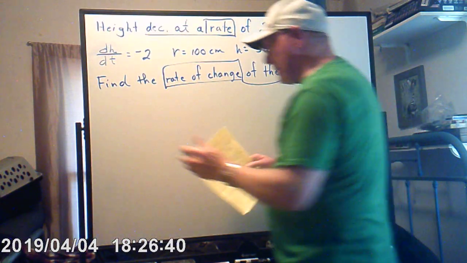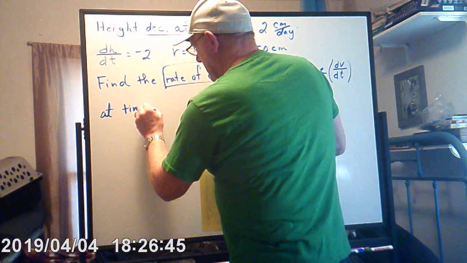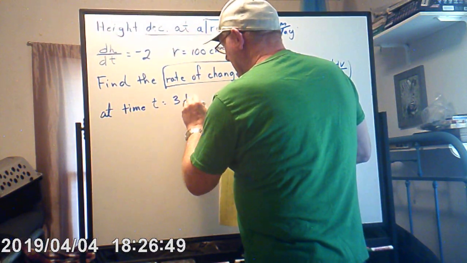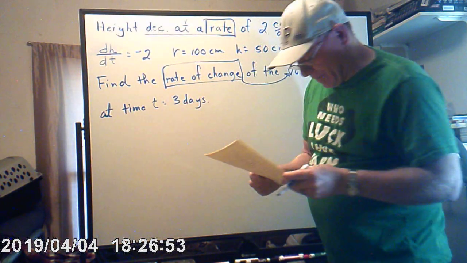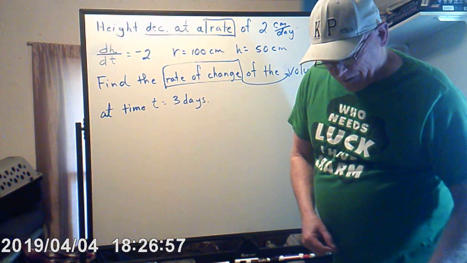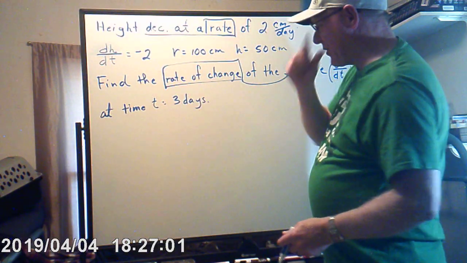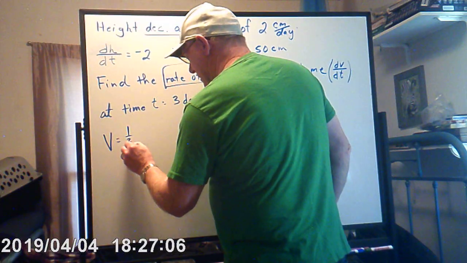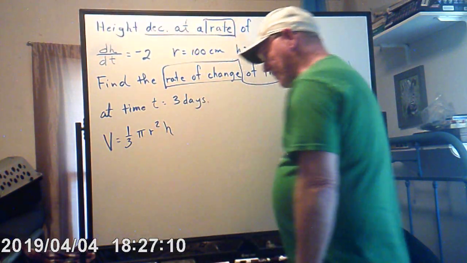All right. Now, at time t is equal to 3 days. All right. Now, what we also have to do, let's go ahead and get started with this. We know that V is equal to 1/3 pi r squared h.